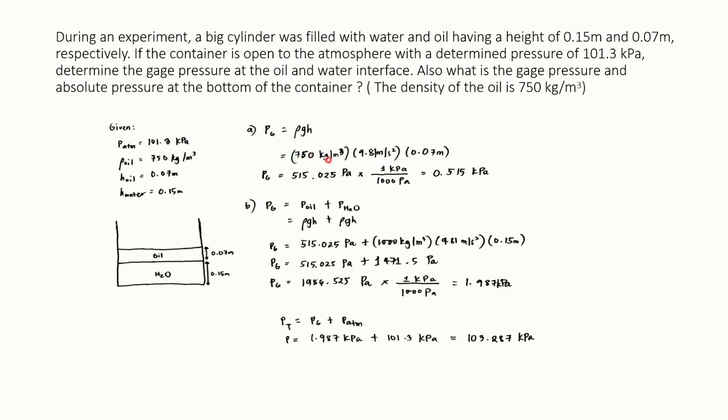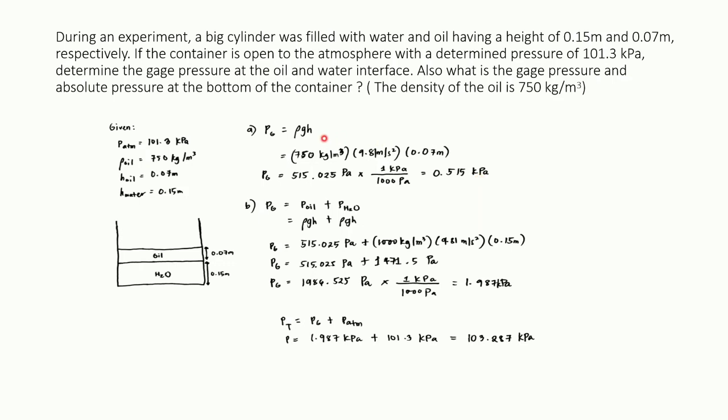So substituting the values, since we all have the known values, we have our density 750 kg per cubic meter, the gravitational acceleration 9.81 meter per second square, and the height 0.07 meters. So we will get that our pressure from that is 515.025 Pascal, and dividing it by 1,000, we will get that it is 0.515 kilopascal.